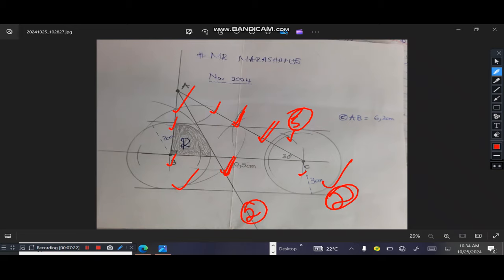Then for measuring and writing the length of AB you get 1 mark. Be specific and write the number. Right, a point R is inside the triangle nearer to AB than AC. This is the region. You get 2 marks again.